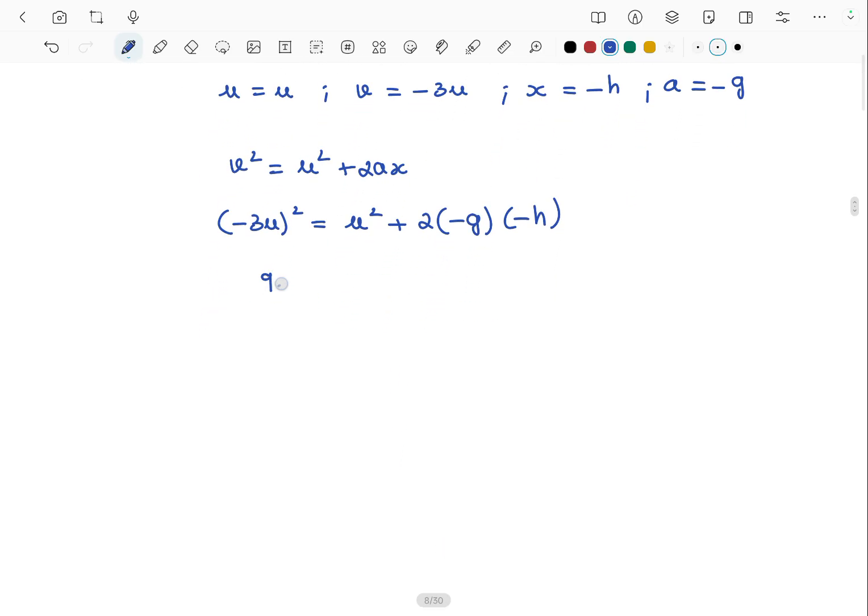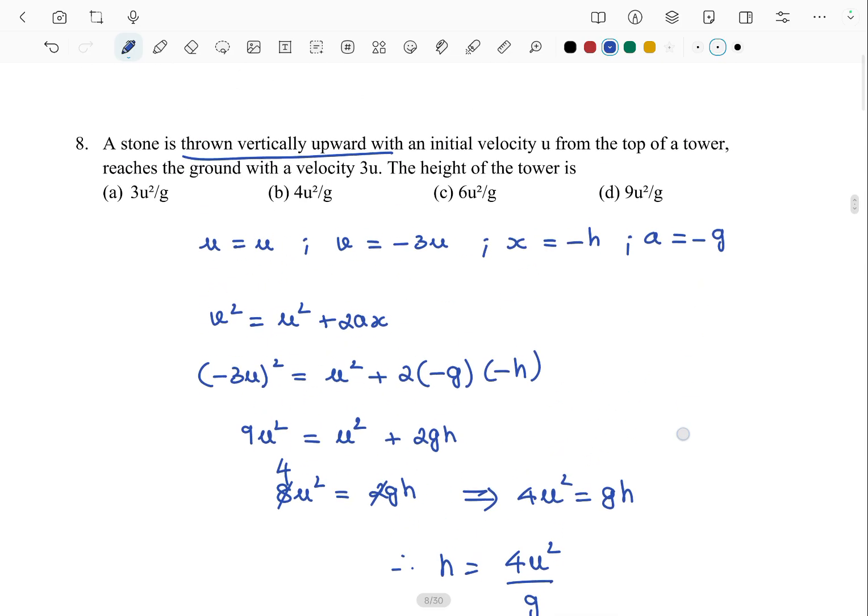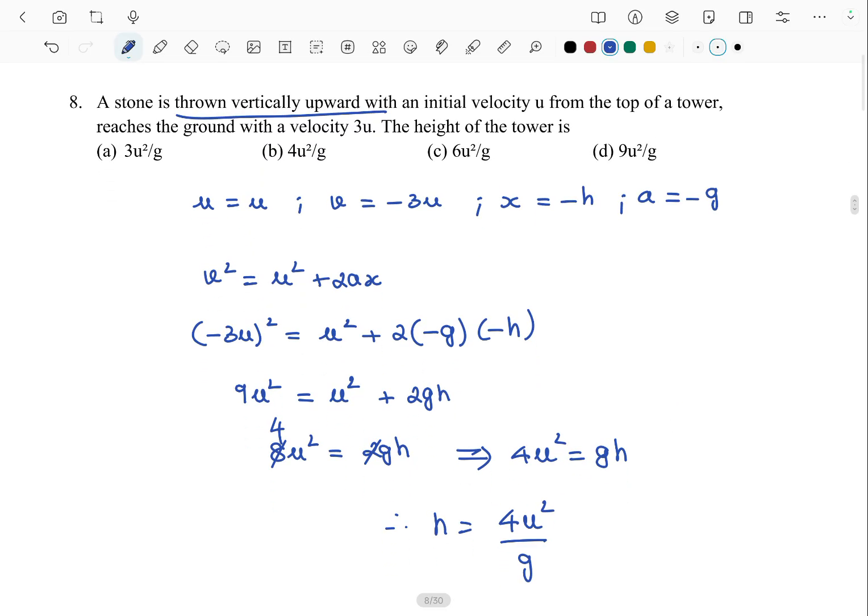This becomes 9u square equal to u square plus 2 into g into h, or 8u square is 2g into h. Simplifying further, 4u square is equal to g into h. Therefore h is equal to 4u square divided by g, which is going to be our second option.